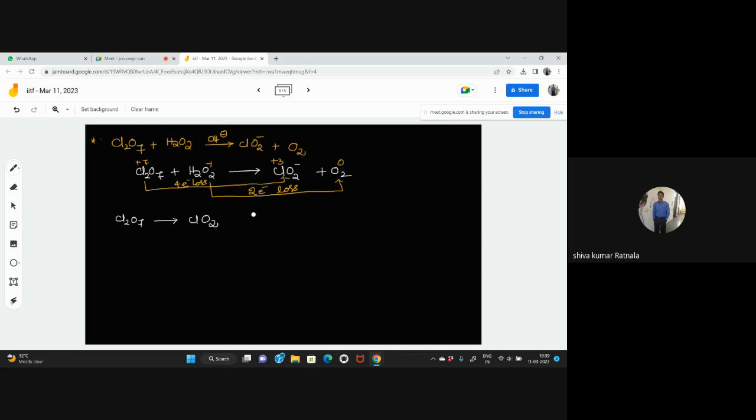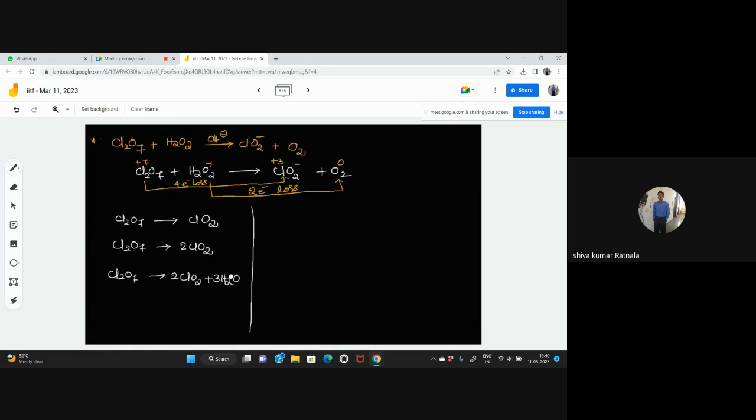First, what we need to do? Balance chlorine atoms, right? Now, how many oxygens are there? Left side 7, right side 3. So 4, so we need to add 3H2O. How many waters are there?